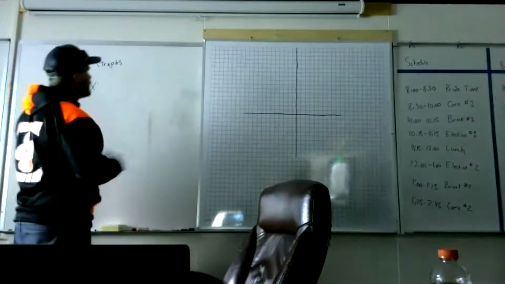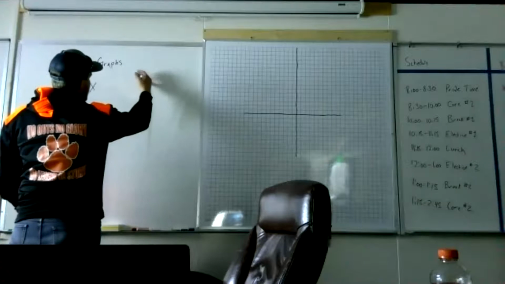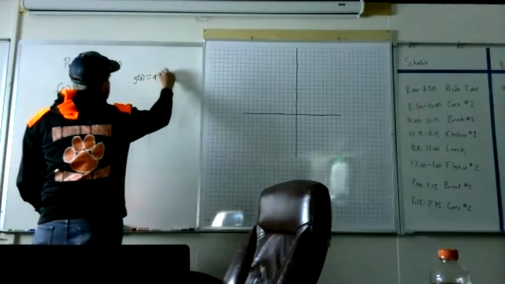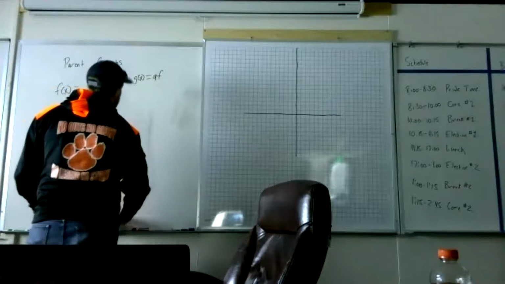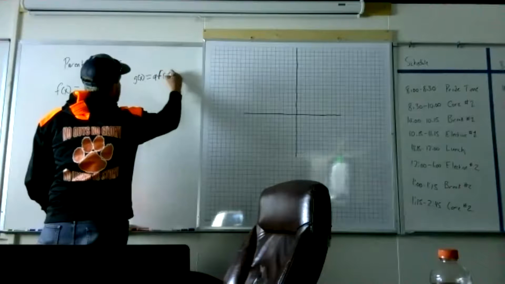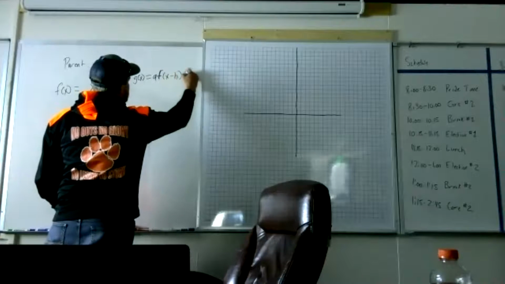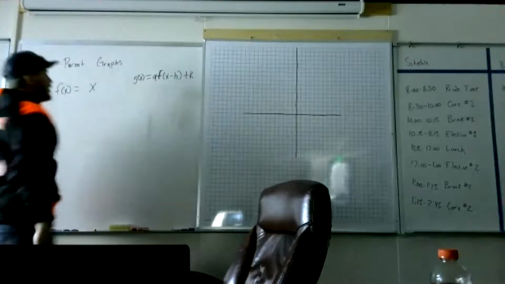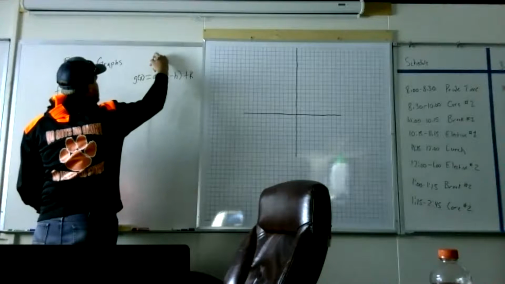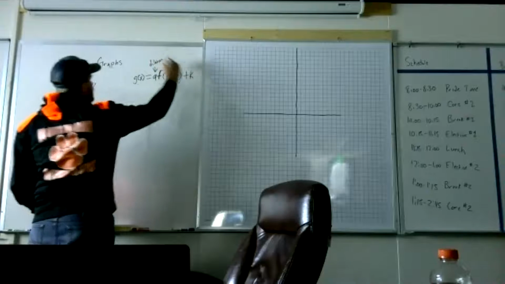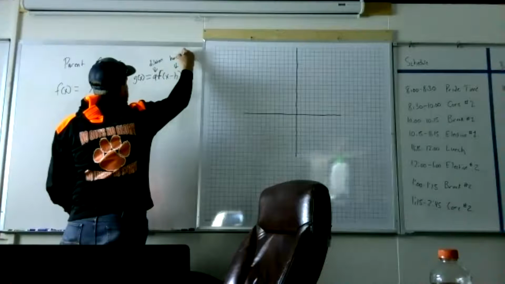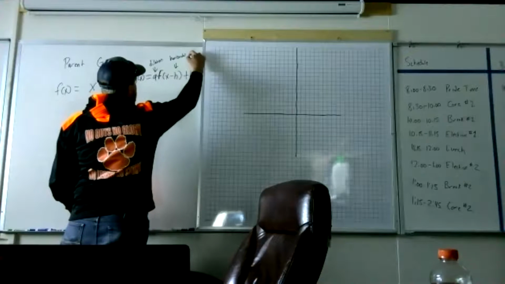The general format for any graph is that, call it g of x, is equal to a times f of x minus h, plus k, where a is your dilation factor, h is your horizontal translation, and k is your vertical translation.